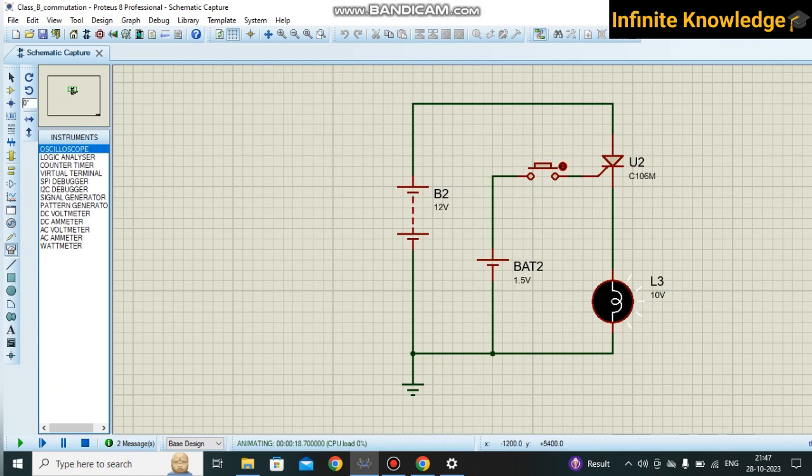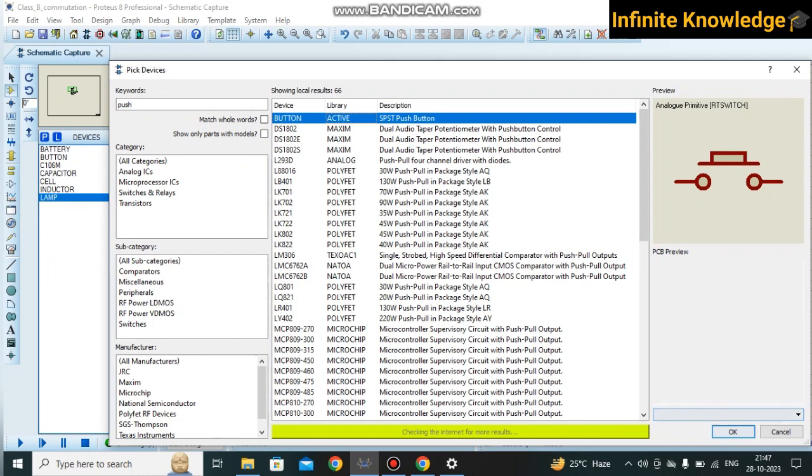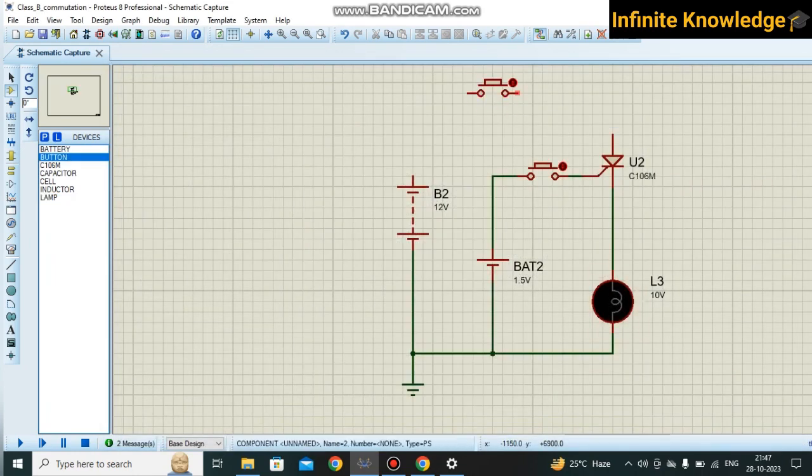You can see here, whenever I give the supply, the SCR is on and my load is continuously getting power. Now I need some extra switch to turn it off. If I add an extra switch, then I can switch off my SCR circuit. Why?